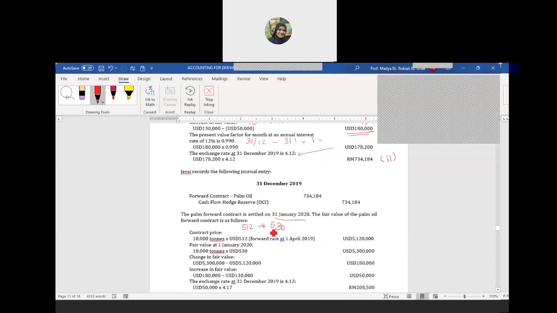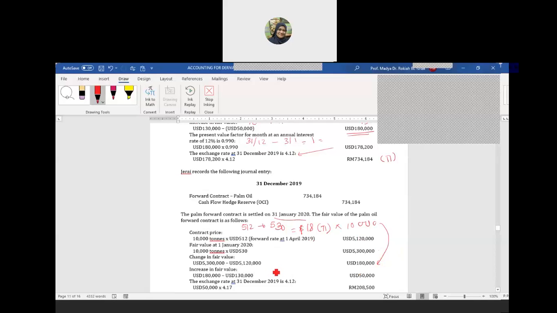So the amount increased by 18 needs to be times 10,000, so you're going to have 180,000 USD. Okay, increase in the fair value.